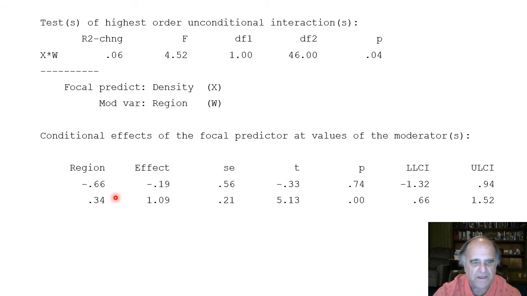So we end up with one region having a minus 1 standard deviation value of -0.66, and the other one having a plus 1 standard deviation value of 0.34. And then again, these would be the regression lines at that point, or at least the B effects at that point.